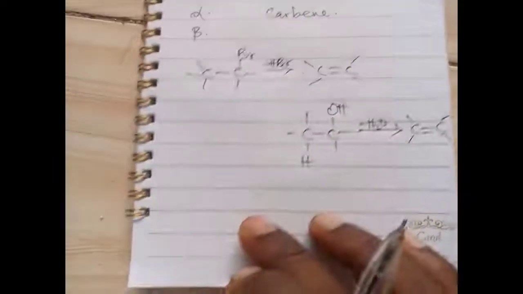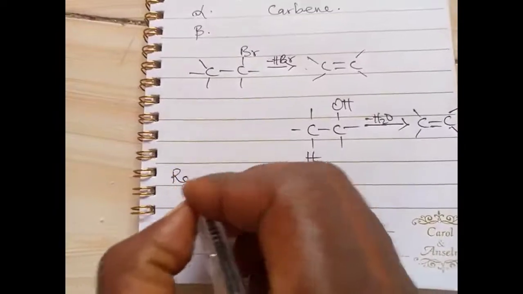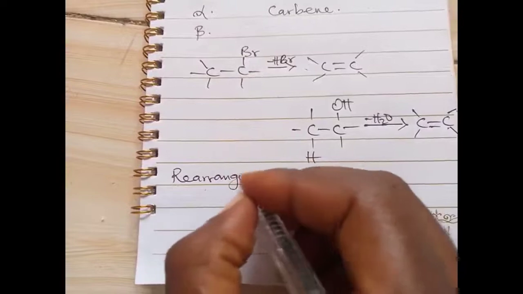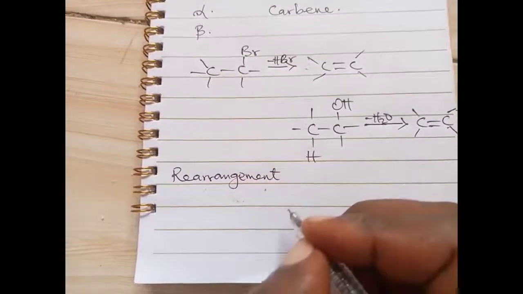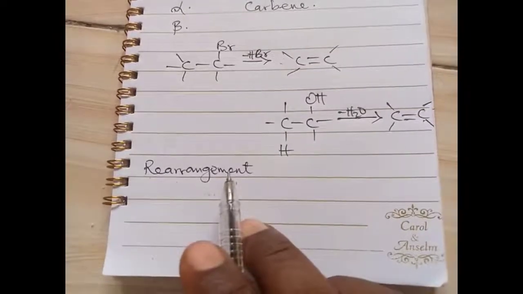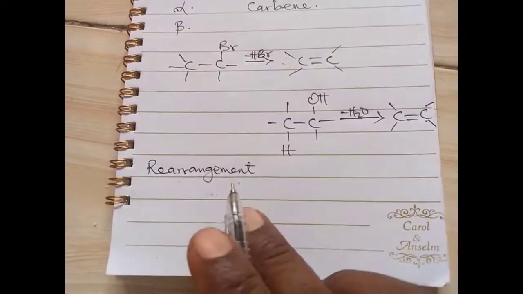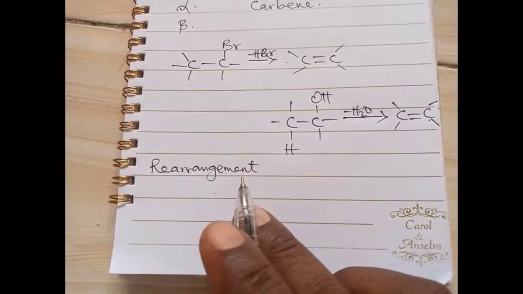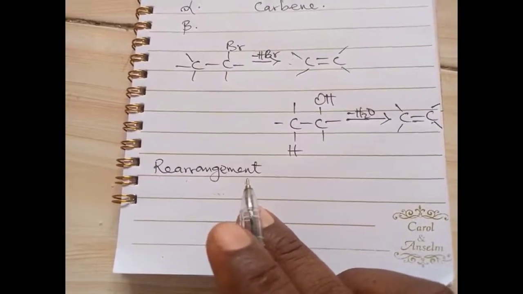The last one we'll look at is rearrangement. So in rearrangement, what we will notice here is that bonds in the reactant are scrambled, as in the conversion of a compound to an isomer.